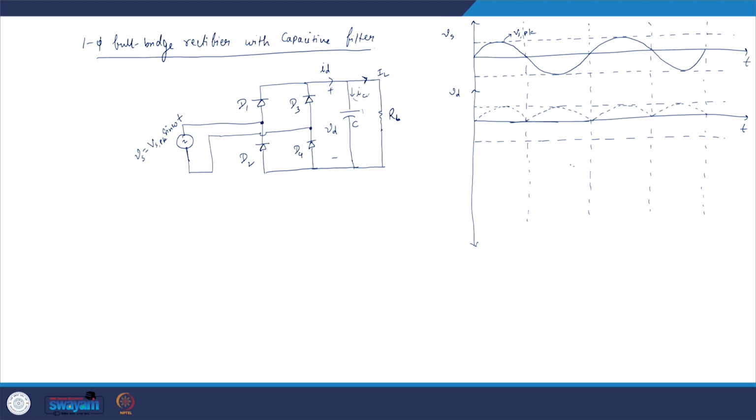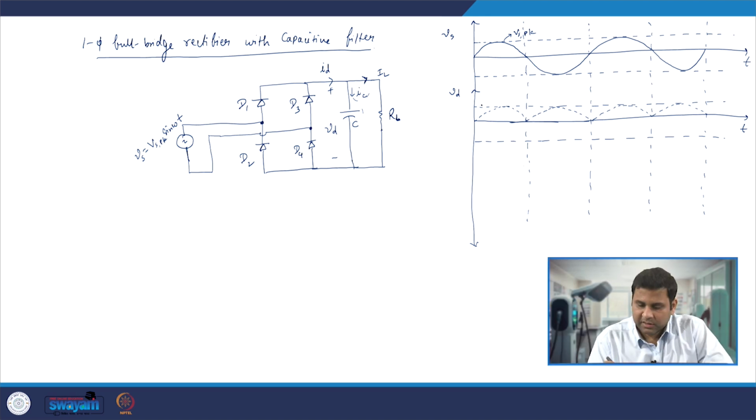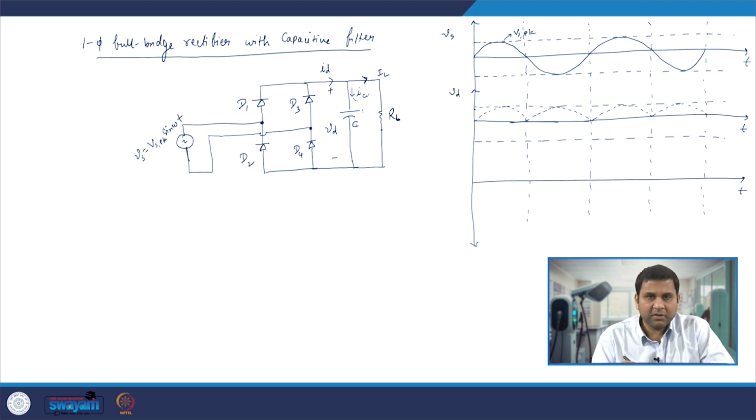Assume the capacitor was holding a certain voltage, and this capacitor voltage is greater than the input voltage from Vs. Then what happens is that the diodes D1, D4, D3, D2 will all be reverse biased.